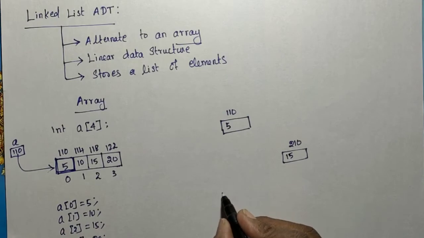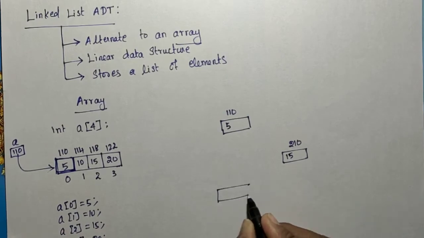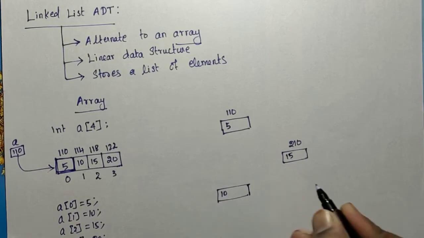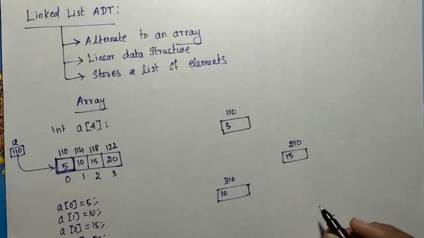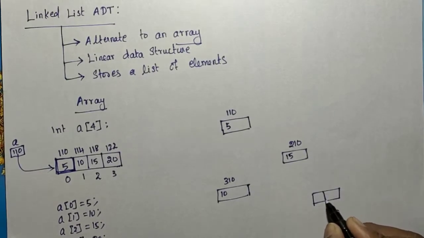The 10 may be stored in another location, for example the 310 location. Next, the 20 may be stored in another location, the 410th location.